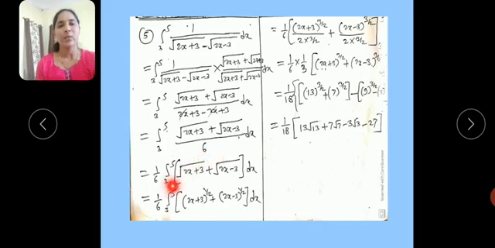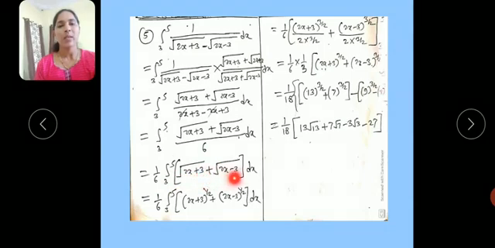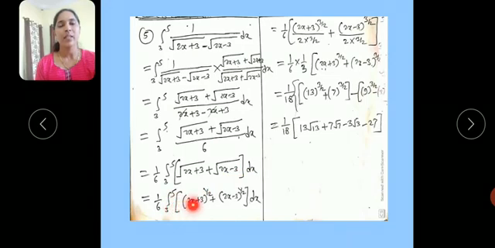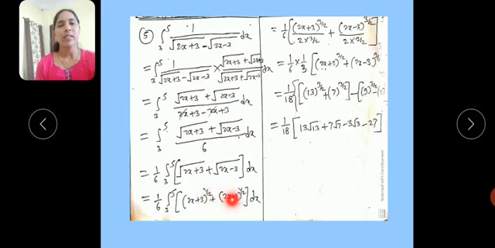This is equals to 1 by 6, 3 to 5, square root of 2x plus 3 plus square root of 2x minus 3 dx. We get 1 by 6 integration of, yes, square root can be written as raised to power of 1 half. Here 2x plus 3 raised to 1 half plus 2x minus 3 raised to 1 half dx.